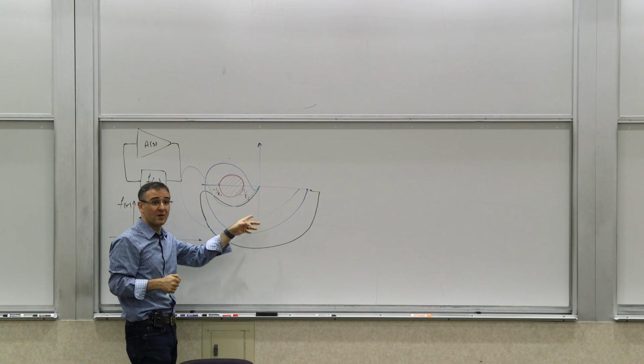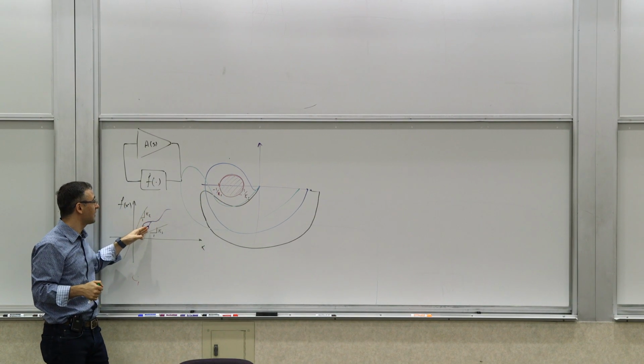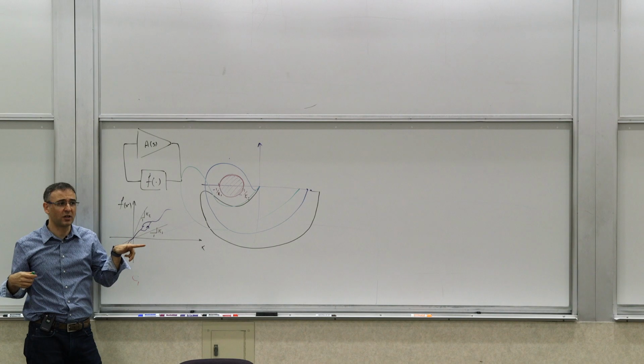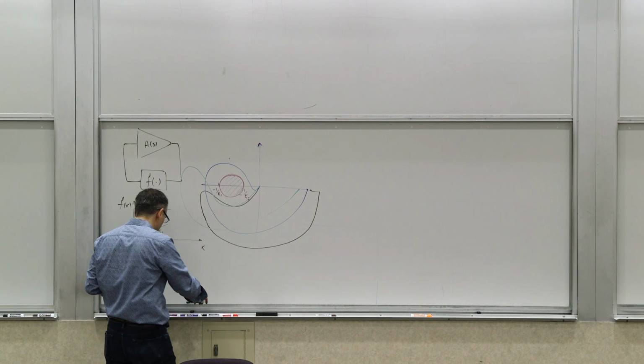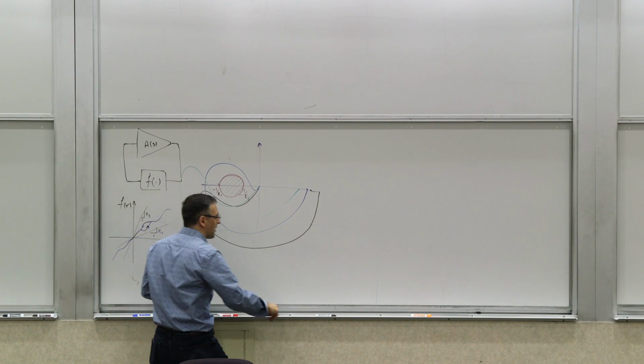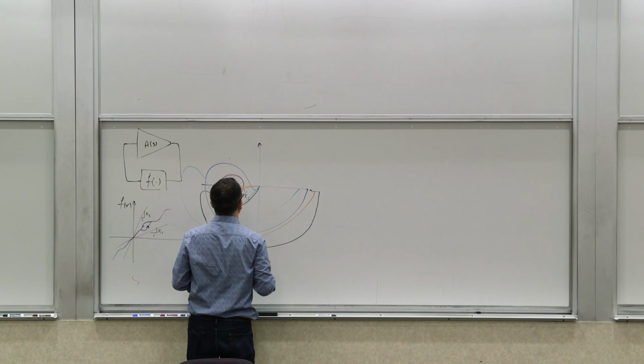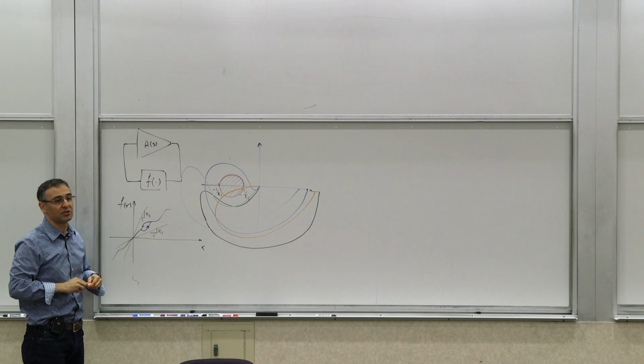But now we know that if you have this kind of nonlinearity, it is not going to oscillate. It's not going to become unstable. Oscillation is one kind of instability, by the way. It's not the only kind of instability. Now, how about this one? That's potentially unstable.